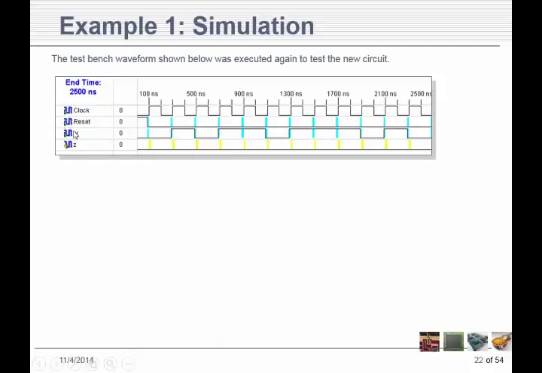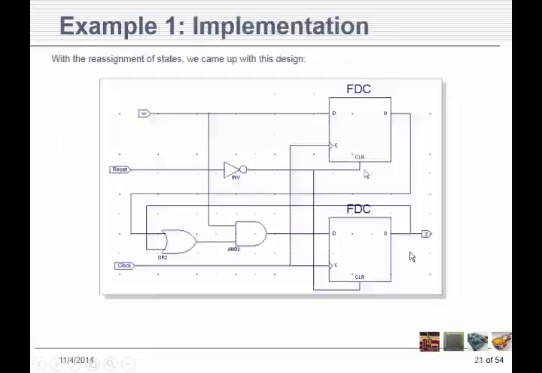But this one, another thing you've got to watch out for, what I'm seeing in some of these reports, is these resets. If you've got a clear here and there's no bubble, as long as this is high, it's going to keep this Q at 0.